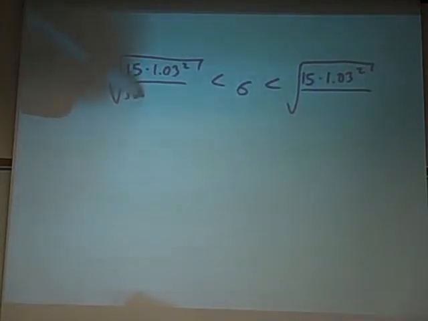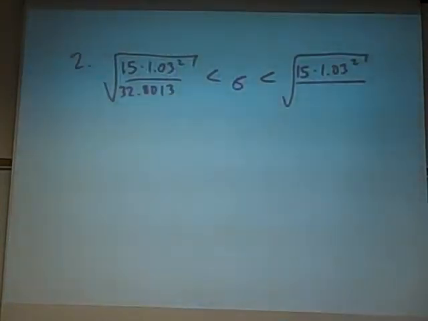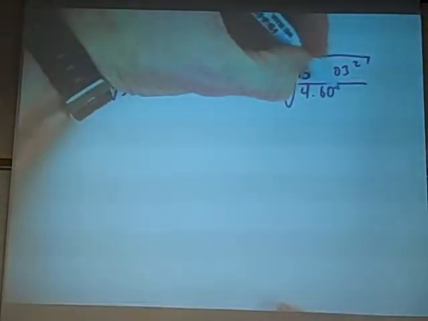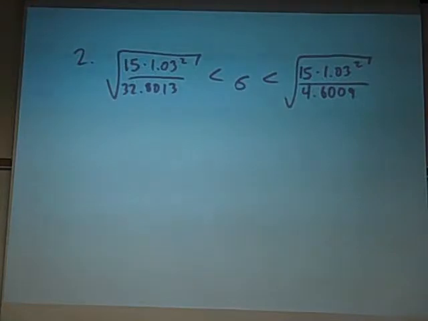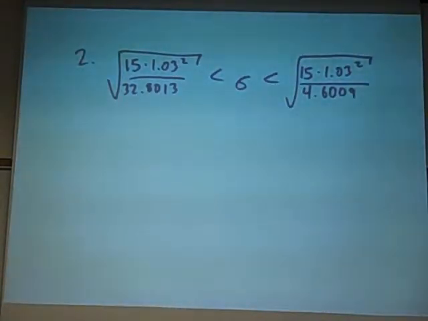Yeah. So the bigger one's going to go on the left, the 32.8013, and 4.6009, is that the other one? Remember, those just came straight off our chi-squared table.